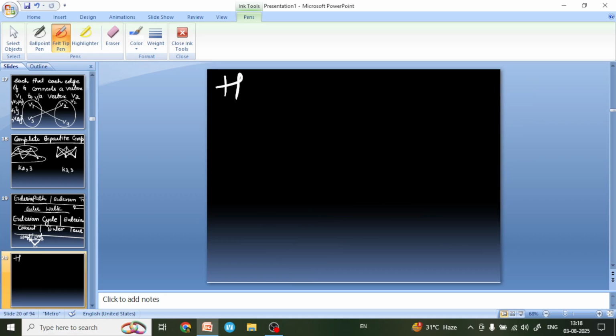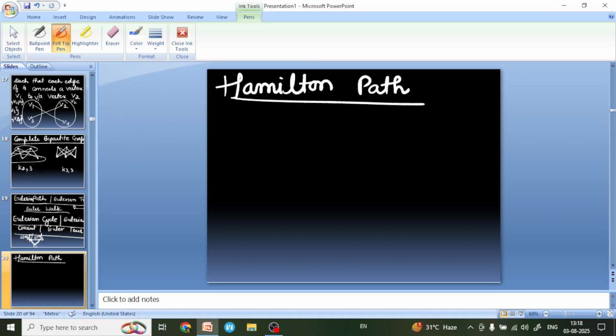Now next is Hamilton path. Hamilton path is such a type of path whose vertex list includes each vertex exactly once, as in Eulerian path.